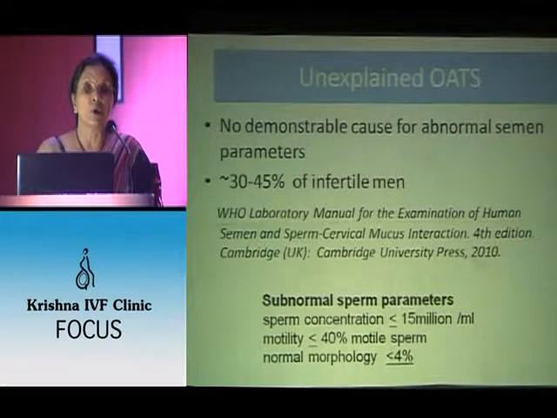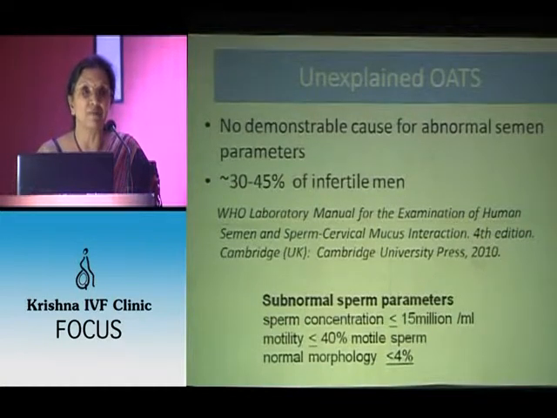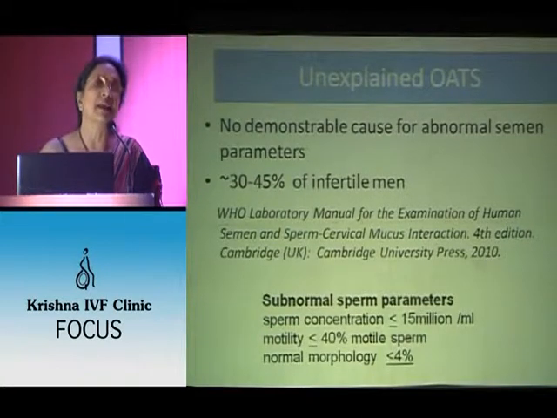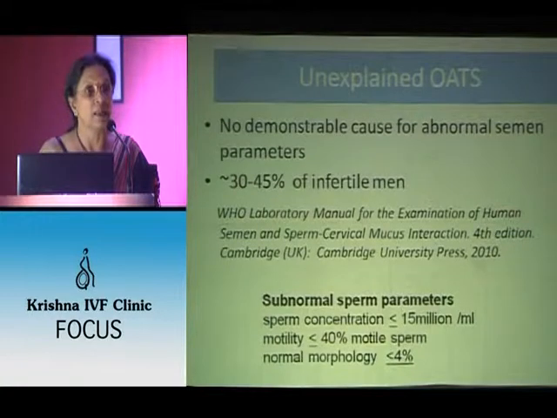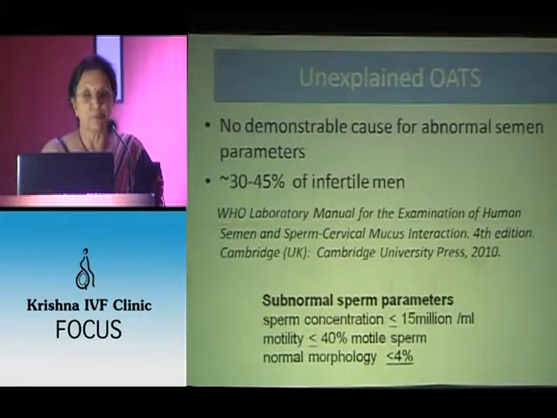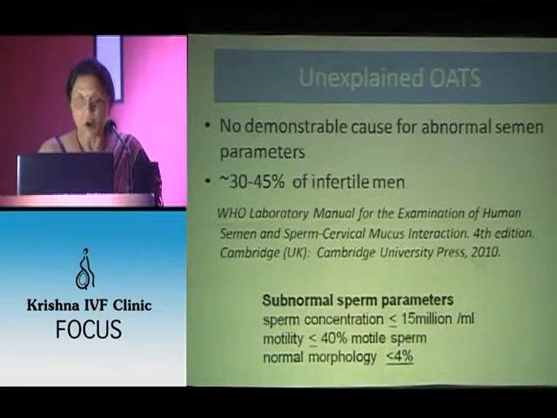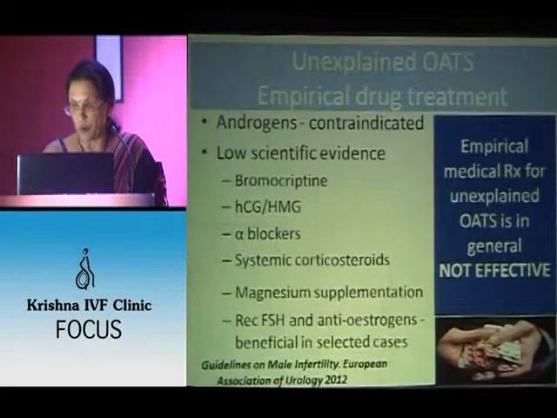It affects almost 30 to 45% of men who present with abnormal semen findings. And what is subnormal semen parameter? Anything which is less than normal. We defined in the first slide what was normal: 15 million or more count per ml, 40% or more motile sperms, or 4% or more normal morphology.